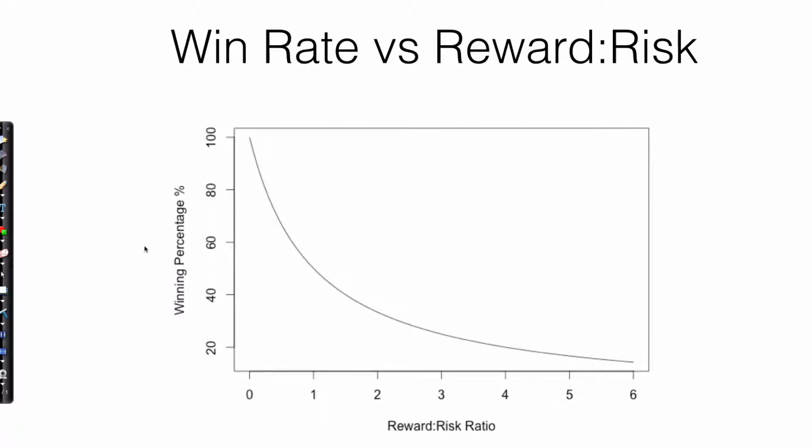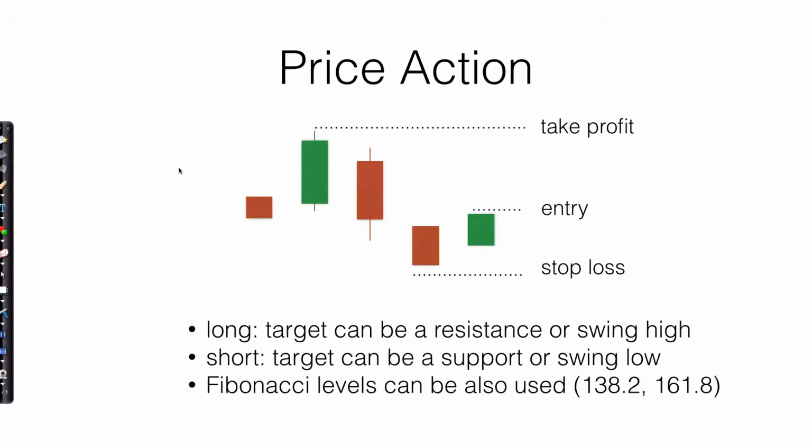So that's the first type, the fixed target. Let's move to the second one. The second one is, okay, we don't want to use a fixed value, we want to look at the price action. So we want to look, for example, at the Japanese candlesticks. I made a video recently, if you don't know what they are, about the Japanese candlesticks that are very, very common when you look at charts.